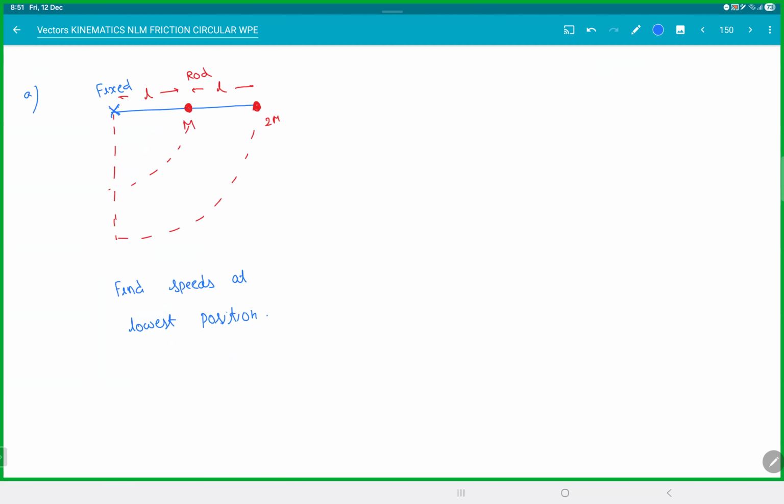I can even ask the tension in the string. Find the speed of the particles at the lowest position. It's a light rod with two particles m and 2m, one at the center and one at the end, released from the horizontal position.